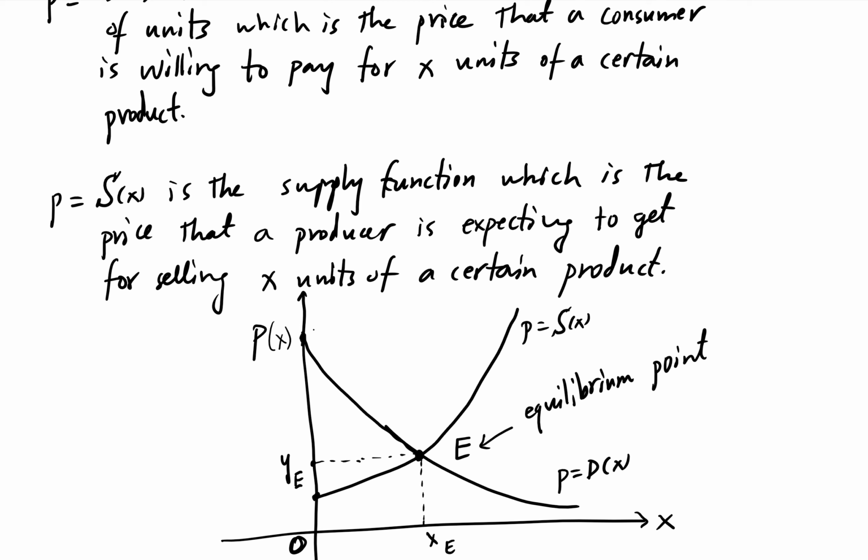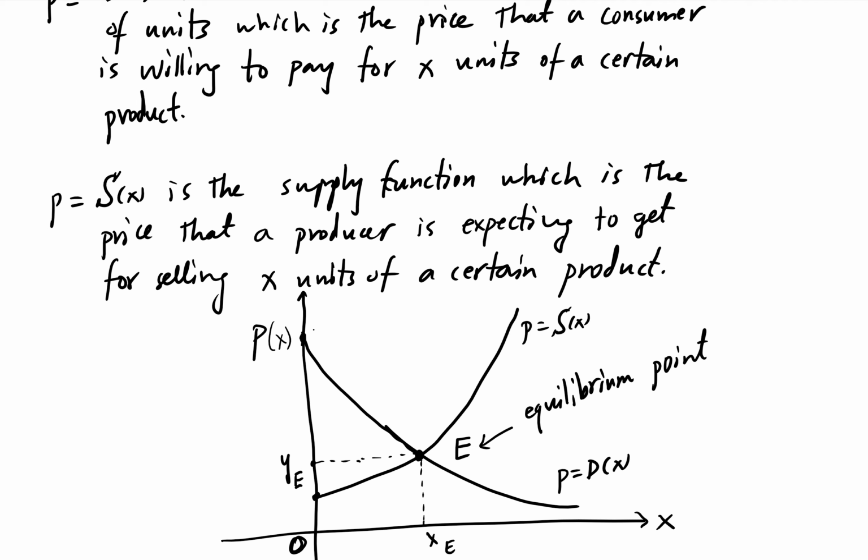As x goes up, the demand function goes down, and as the number of units increases, the supply function goes up. Because the more he sells, the more he expects to get back. That's why the supply goes up, and for demand, the more he buys, the less he's expecting to pay.